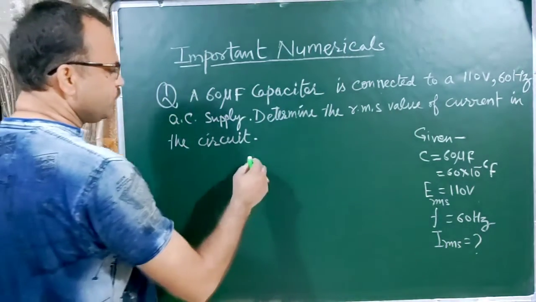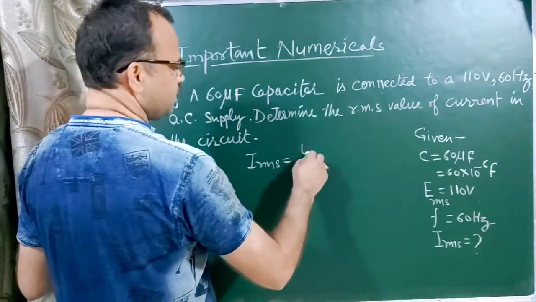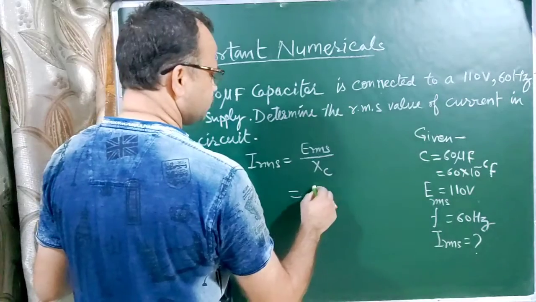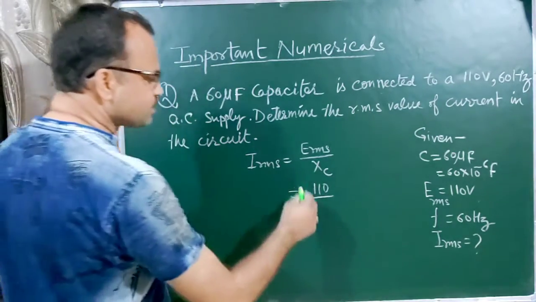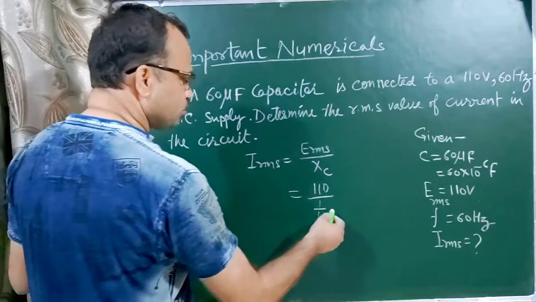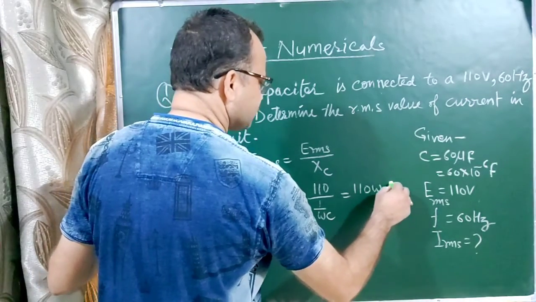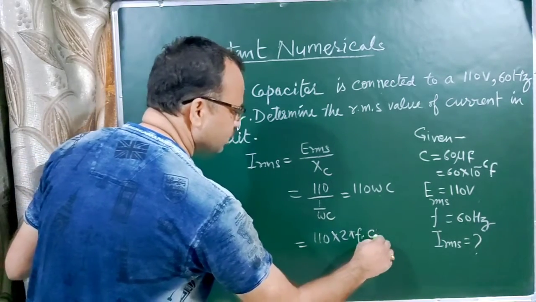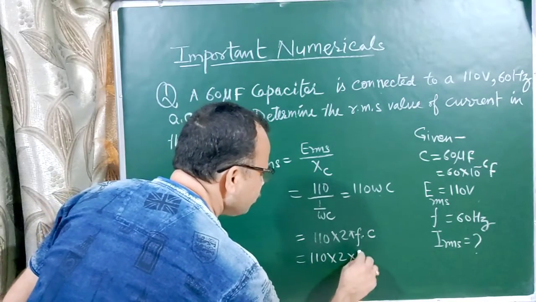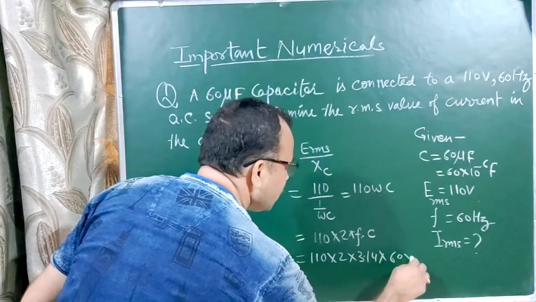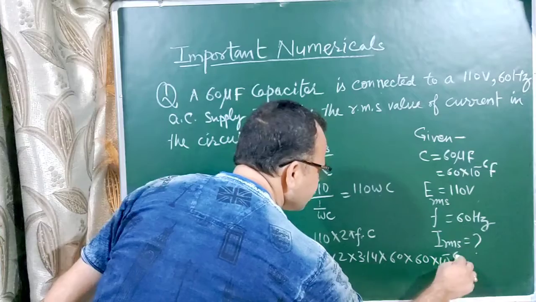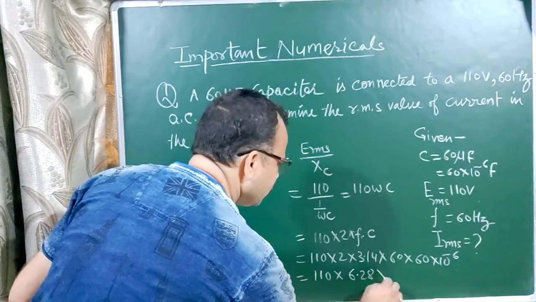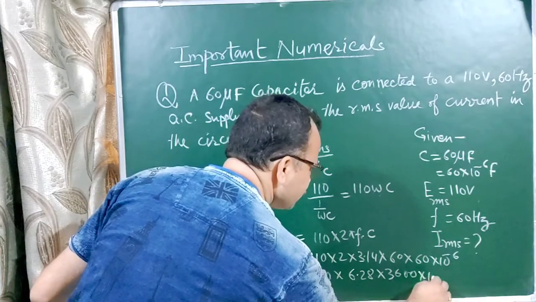As we know, IRMS equals ERMS upon XC. The value of ERMS is 110, and the formula for XC is 1 upon omega C. So this omega C moves to the numerator, giving 110 omega C. After that, substitute the value of omega, which is 2 pi f, into C. So 110 into 2 into pi 3.14, and f is 60, into C, again 60 micro, meaning 10 raised to power minus 6.